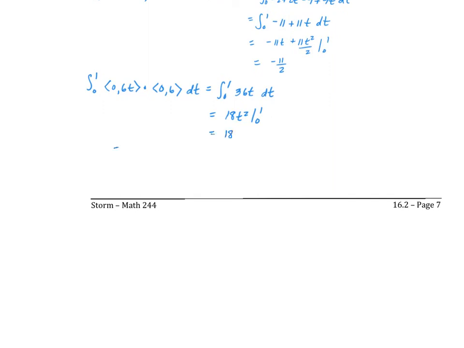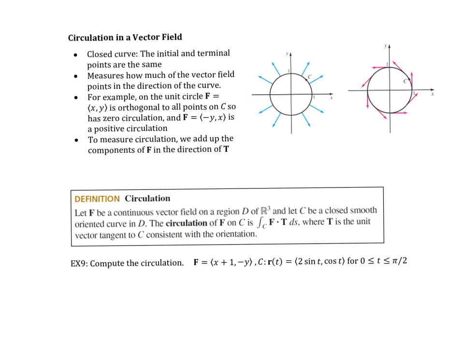So putting these together, I have negative 11 over 2 plus 18, and that should be 25 over 2. Okay, so since the work could be split up in two separate integrals, I didn't have to worry about having those consecutive t values going from 0 to 1, 1 to whatever. So we can use line integrals to compute work.